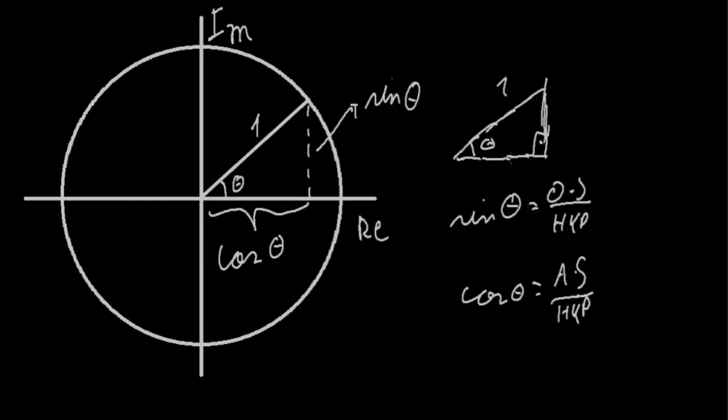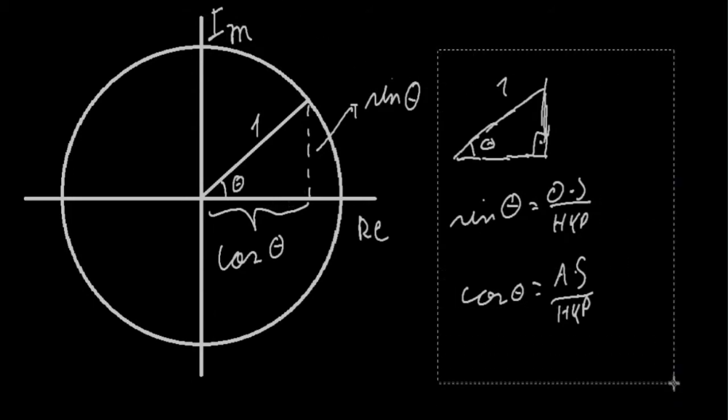So since the hypotenuse is 1 in this case, then the opposite side is the sine of the angle, and the adjacent side is the cosine of the angle.